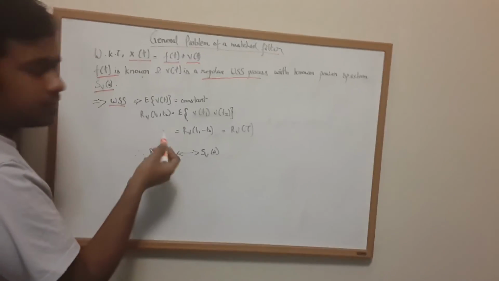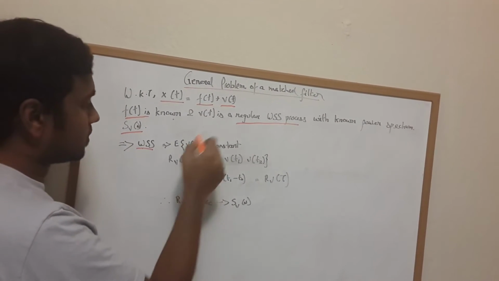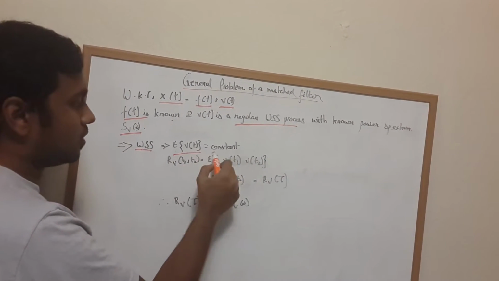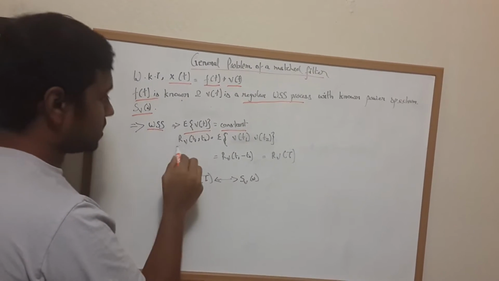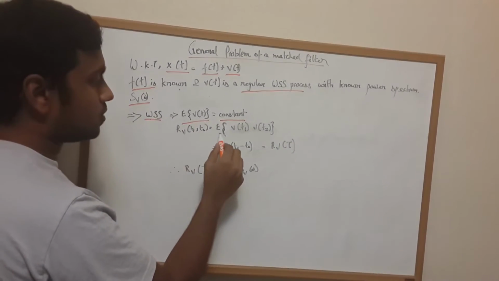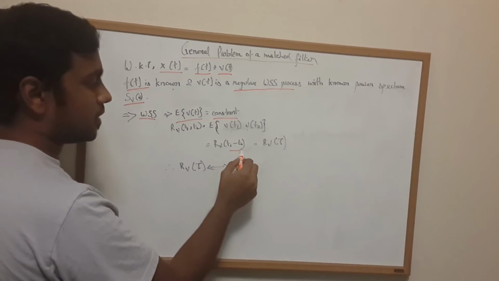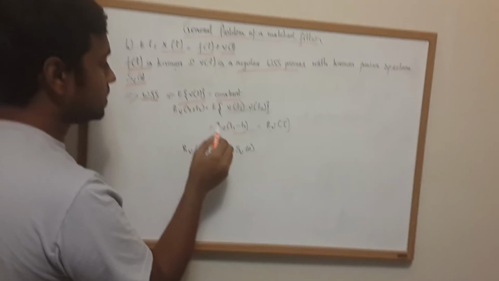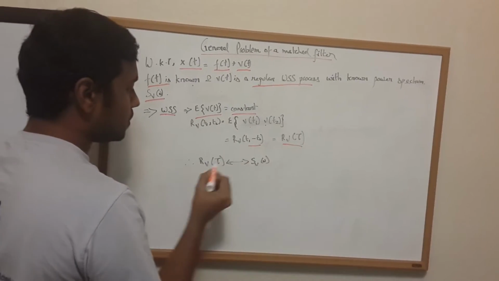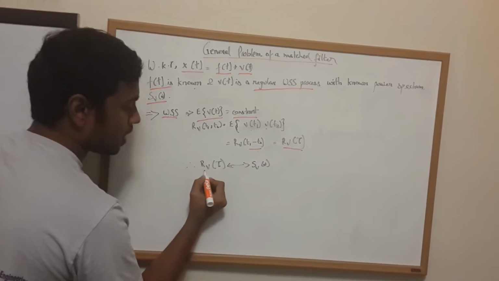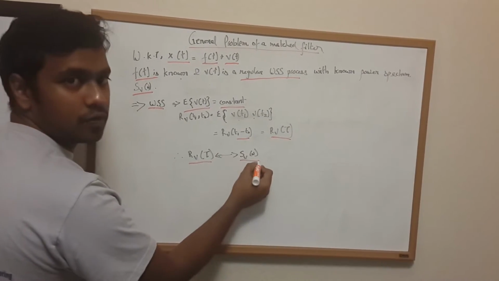Here the conditions of wide-sense stationarity are that the mean of the system should be 0, that is E of V of t equal to a constant, and the autocorrelation RV of t1 comma t2 equal to E of V t1 into V t2 equal to RV of t1 minus t2 equal to RV of tau, that is the time difference. So upon applying Fourier transform to RV of tau, we get the power spectrum SV of omega.